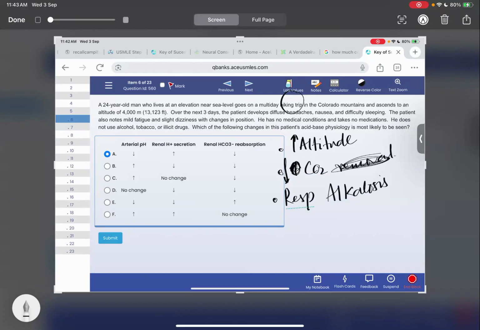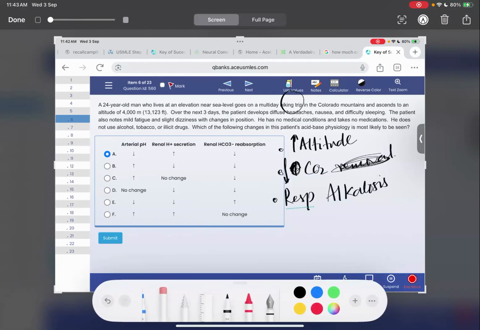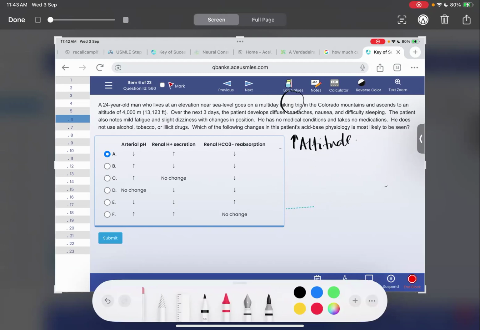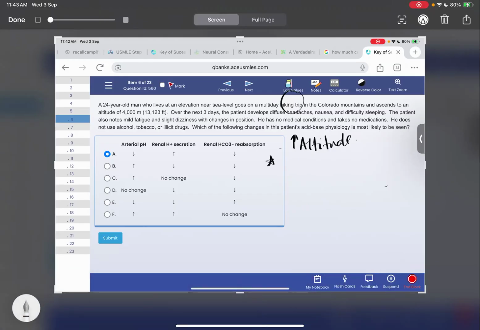Don't worry. We have discussed this in great detail in the pulmonary section. At altitude, the oxygen level is low, so we have hypoxia, which leads to hyperventilation.